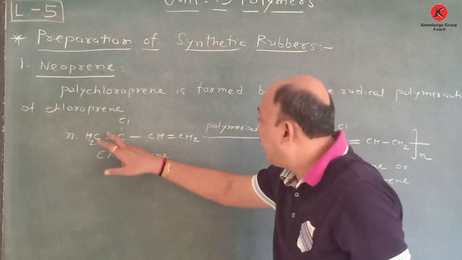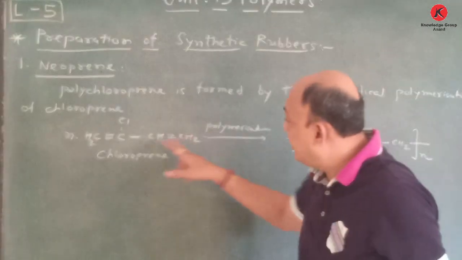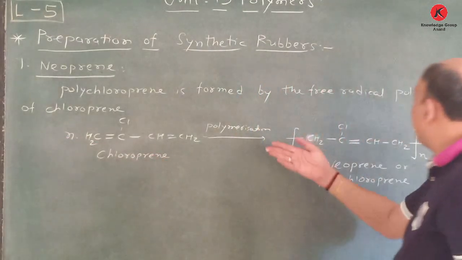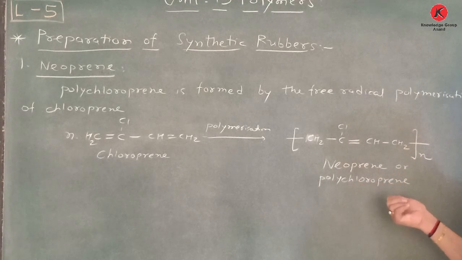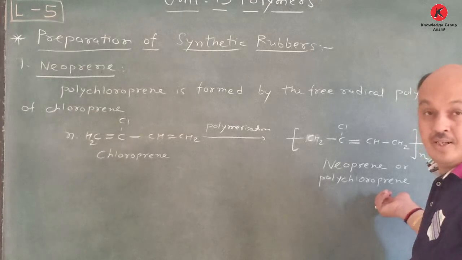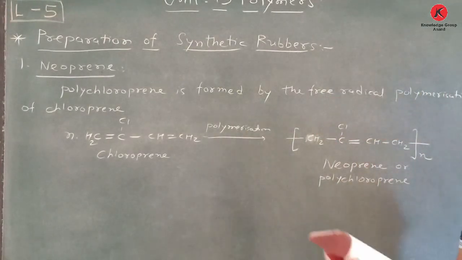Once again, the double bond moves to this position, and here other molecules are there. So here is a number of molecules of neoprene or polychloroprene, and this is considered a homopolymer. Okay, and this homopolymer is formed by a free radical polymerization reaction.